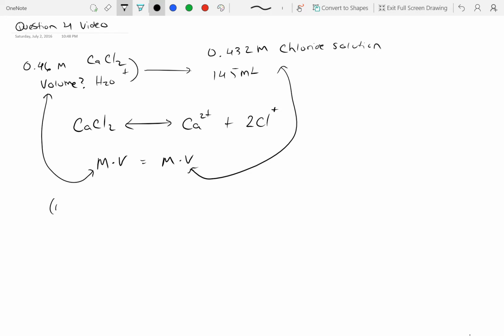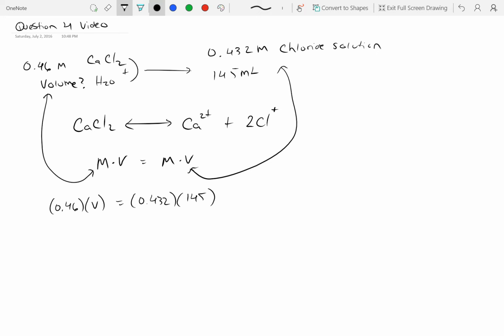So what we have is 0.46 times some volume that I don't know, equals 0.432 times the volume of that thing, which is 145.